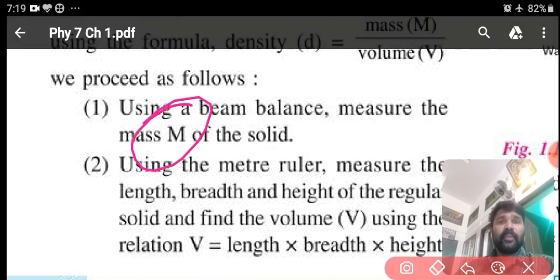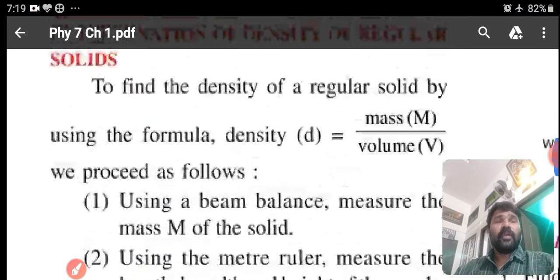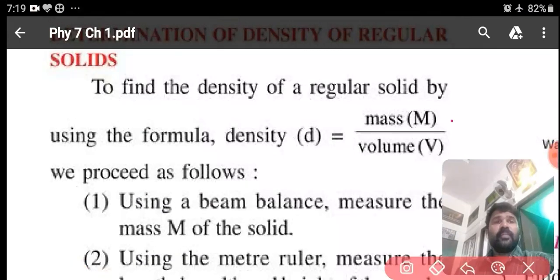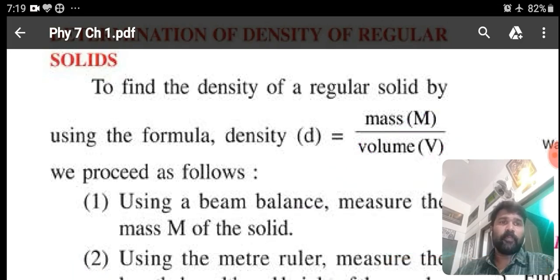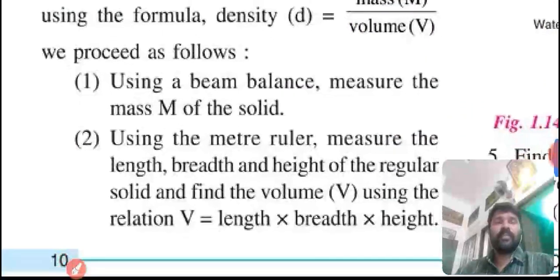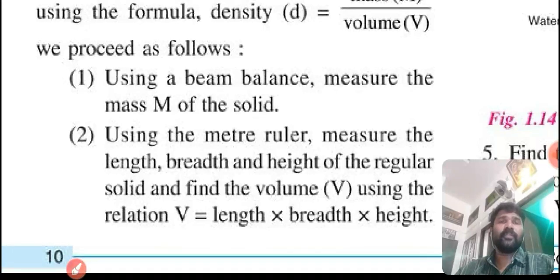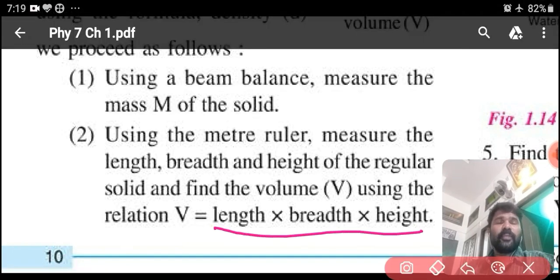Then we need the volume. How to find out this volume? By using the meter ruler, first of all, we have to find out the length, breadth and height of the given solid. Then we have the formula to find the volume: V is equal to length into breadth into height.